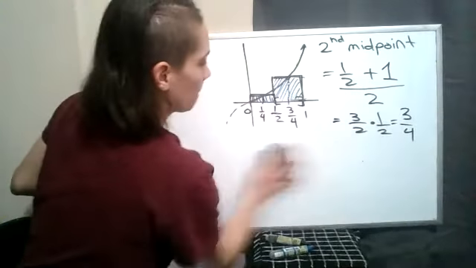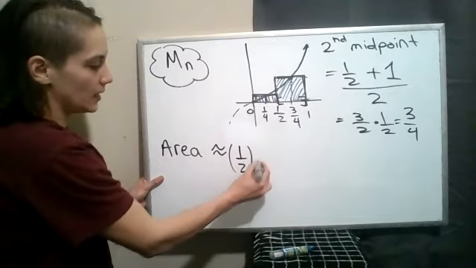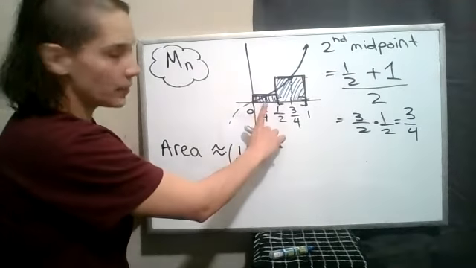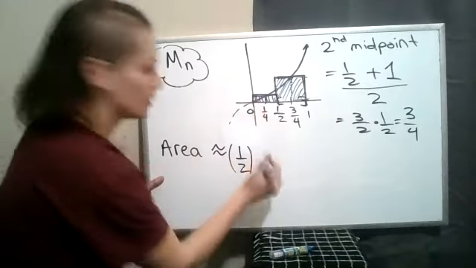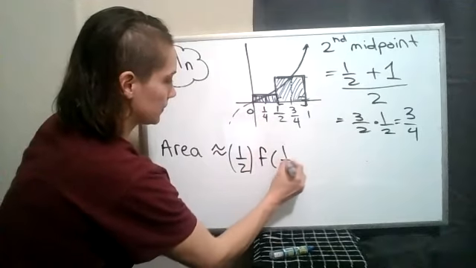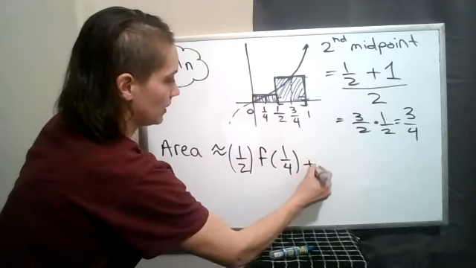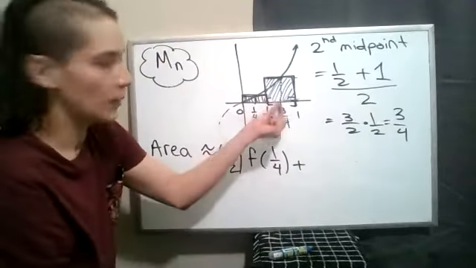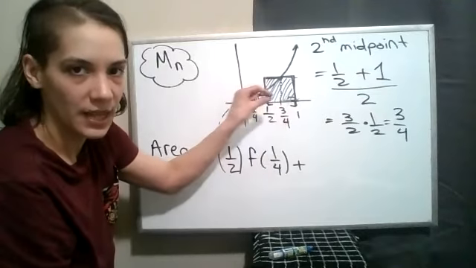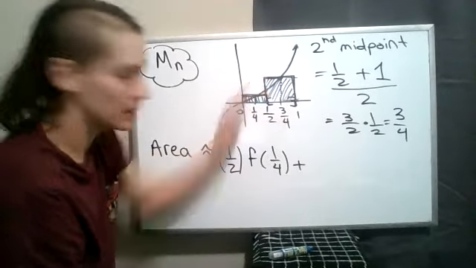So when you do it this way, your area is about delta x, which was 1/2, times f of the midpoint, f of 1/4. Add the width of 1/2 times the height of f of 3/4.